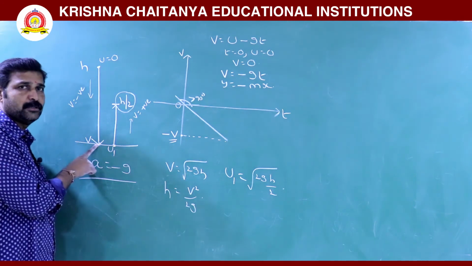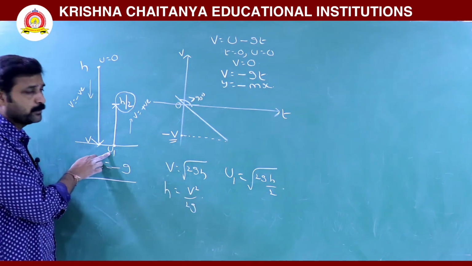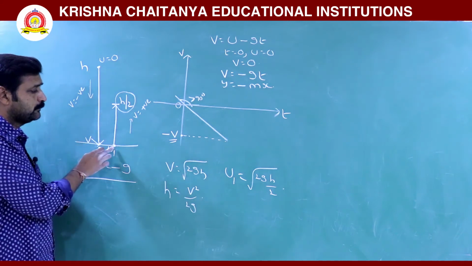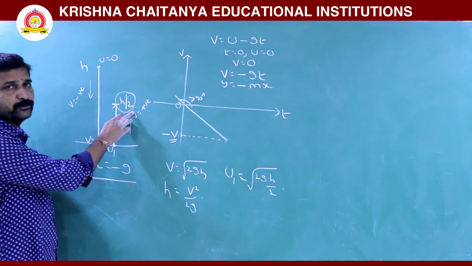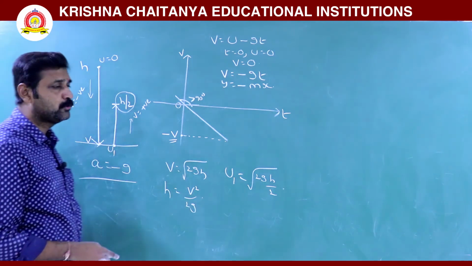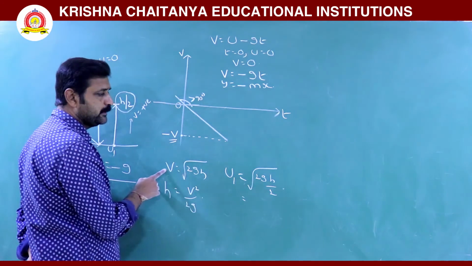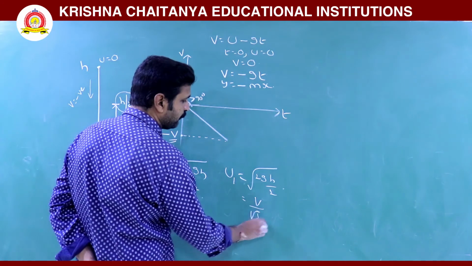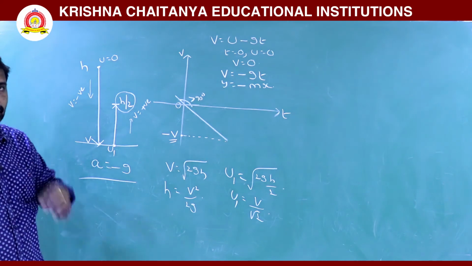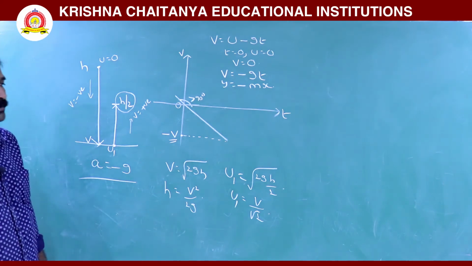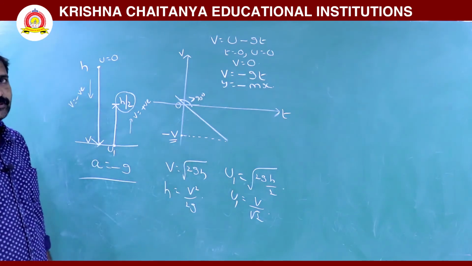After striking the ground it loses some velocity because of the collision, and its velocity becomes u1. Then according to our formula, u1 is root of 2g h by 2, where root 2gh is v, so u1 is v by root 2. But now it is positive. Why? Because it is moving in the vertical upward direction.